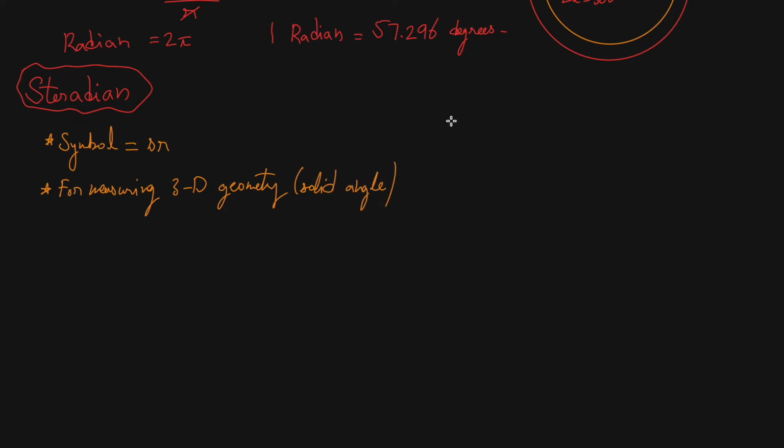So 3D means 3 axes. We have X, Y, and Z axis here. Solid angle basically means a cone-like shape.